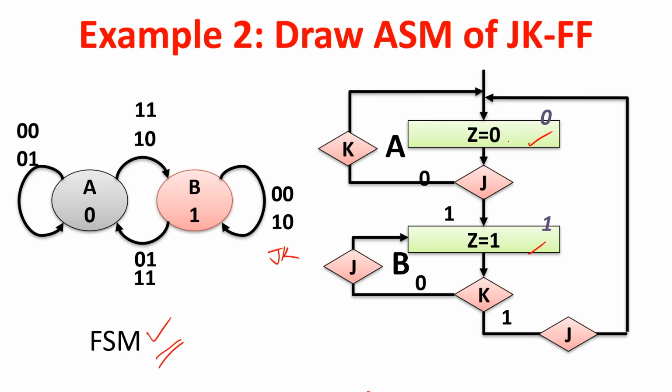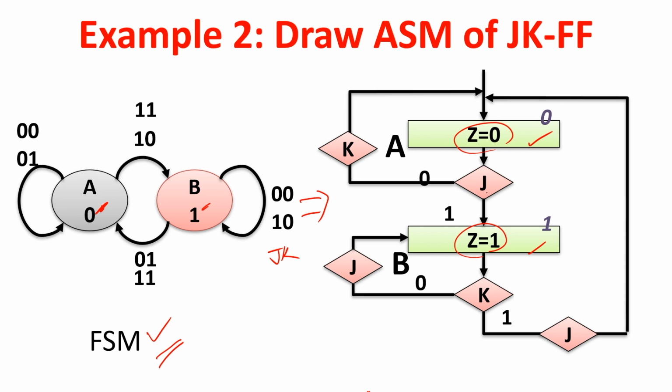Here state A, output is equal to 0. So, whatever it specifies here. State B, the output is equal to 1, same thing. And if you are in state A, based on the value of J, what we are testing?